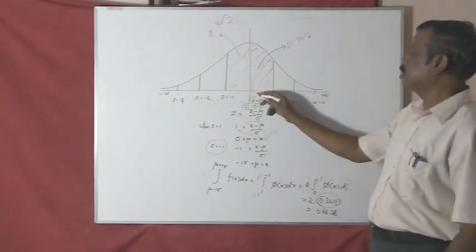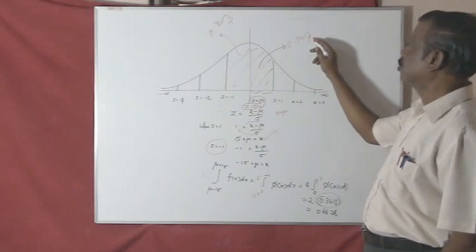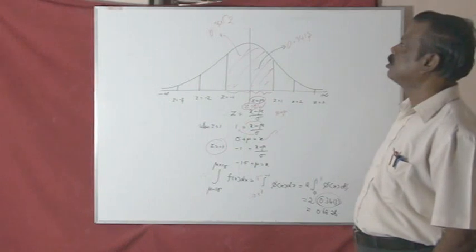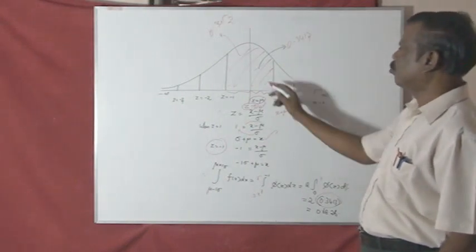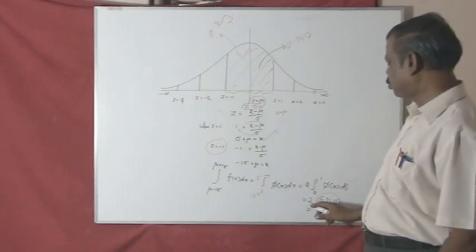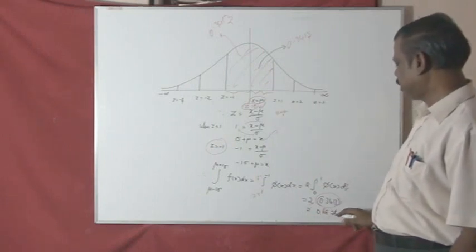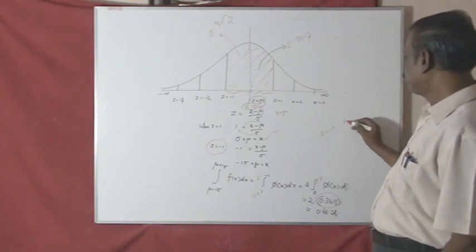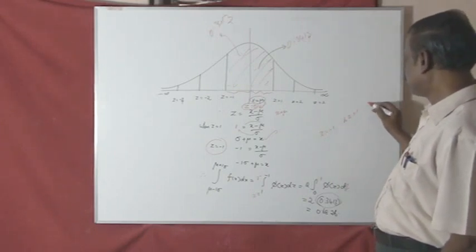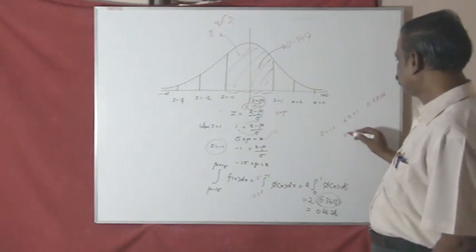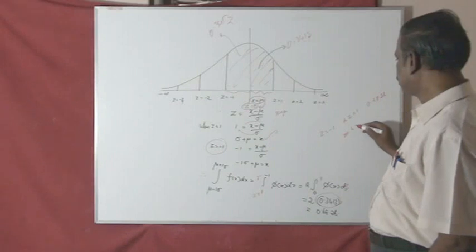The right side value is also 0.3413, so both are equal because the curve is symmetrical. That is why we are multiplying with 2. So the area from z equal to minus 1 to z equal to plus 1 is 0.6826, and from 0 to 1 it is 0.3413.